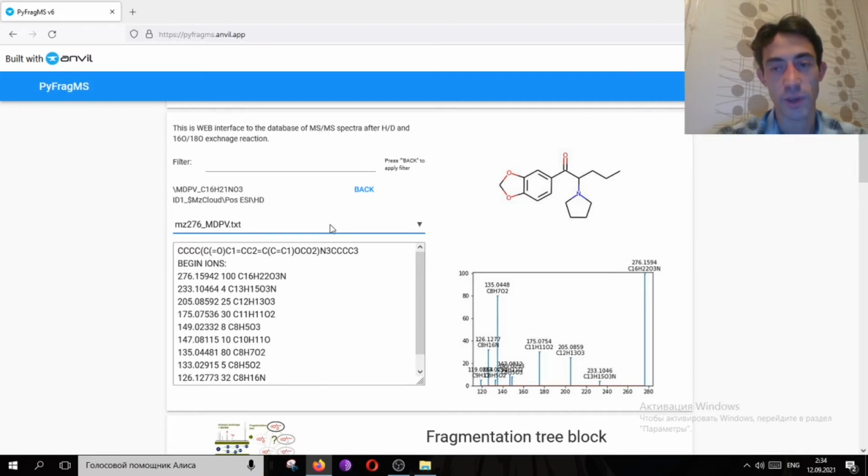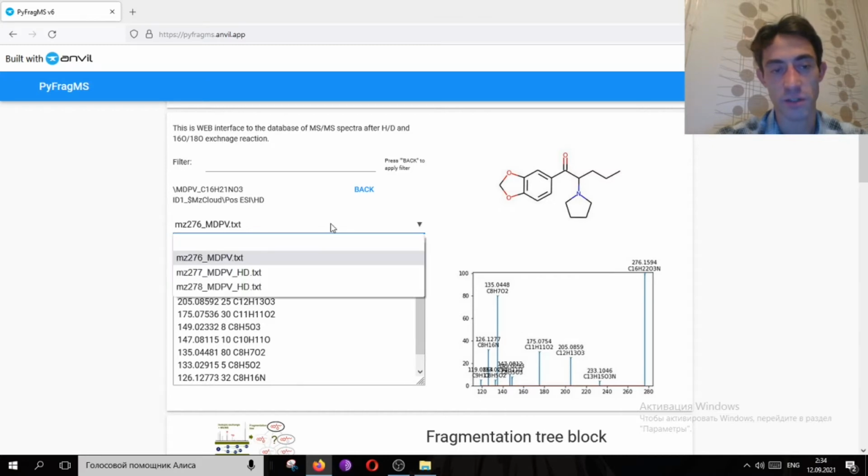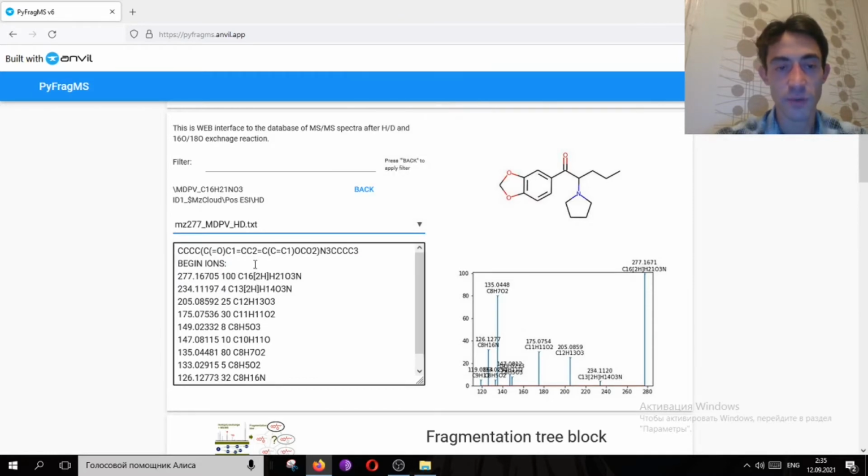And if we perform hydrogen deuterium exchange, in this case this molecule does not have labile hydrogens, but in positive electrospray mode the hydrogen attached during ionization will be labile, and it can be replaced by deuterium, and the mass will be 277. And this is a spectrum.